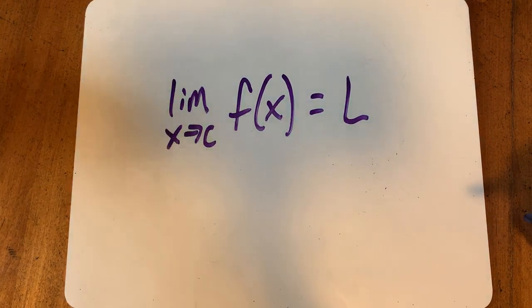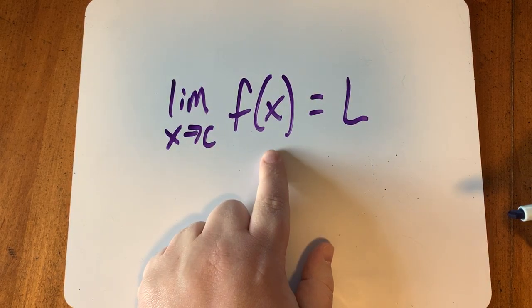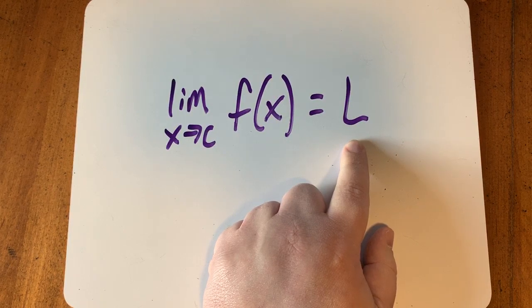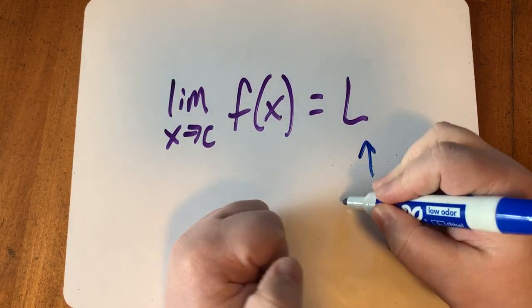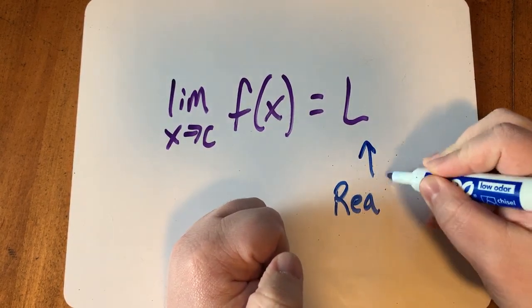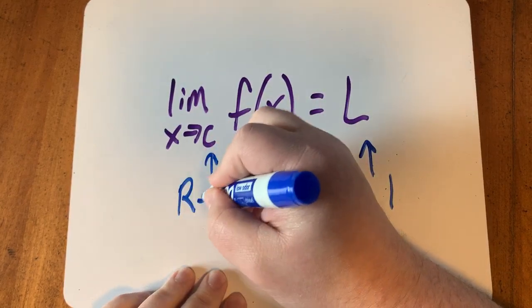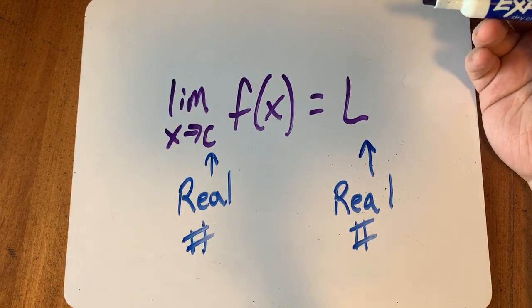But the real definition of limits is if f of x becomes arbitrarily close to a unique number L as x approaches c, then the limit of f of x as x approaches c is L. So L is a real number. C is a real number. F of x is a function.